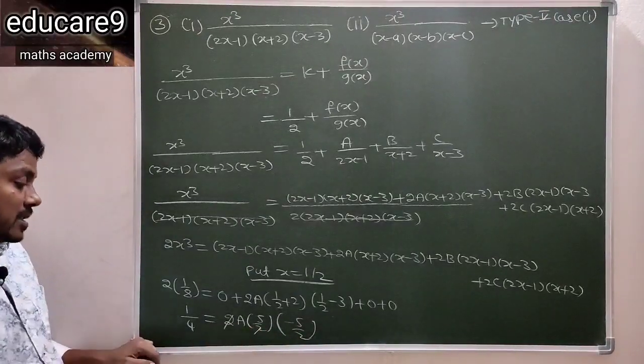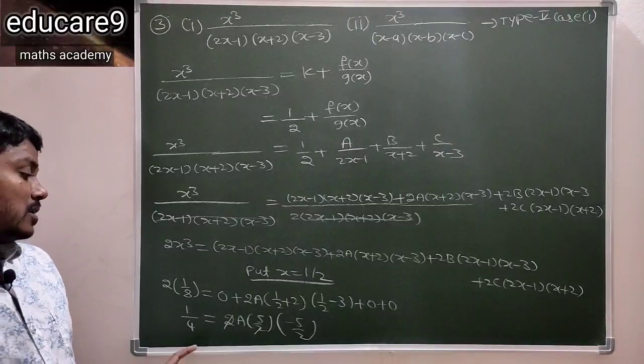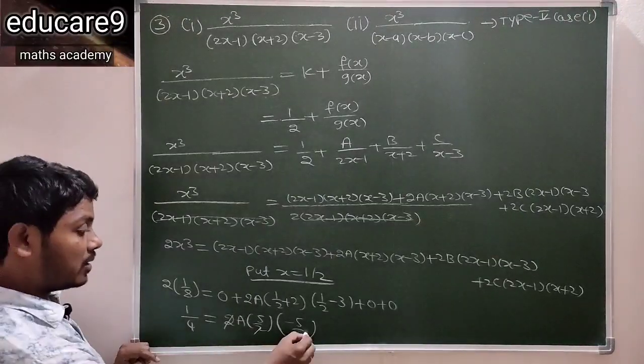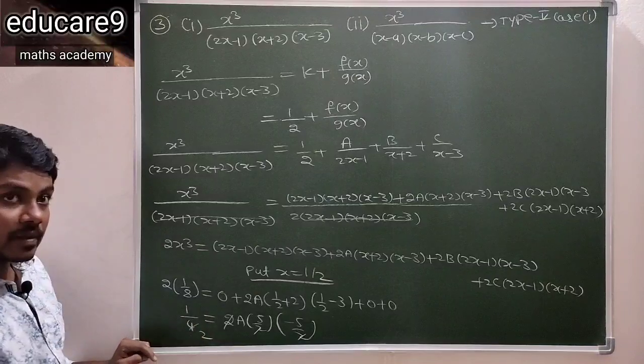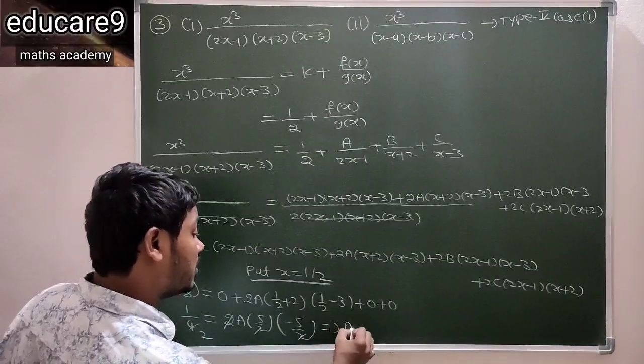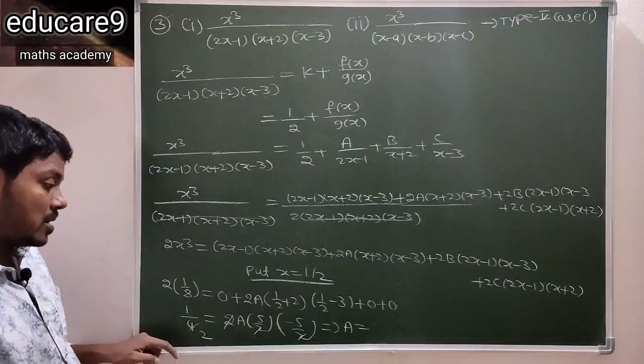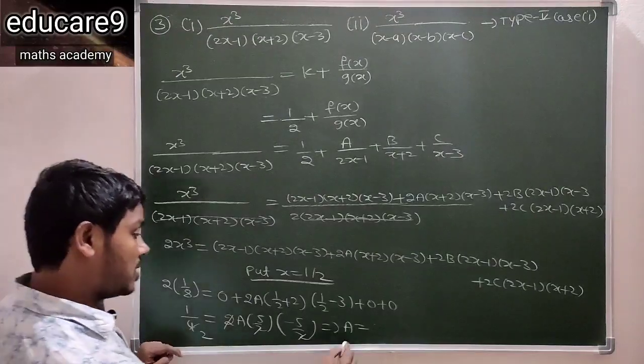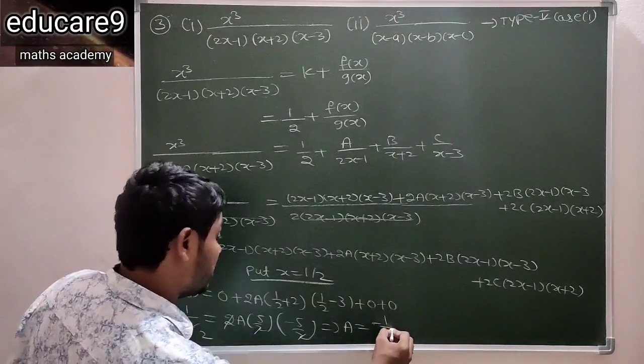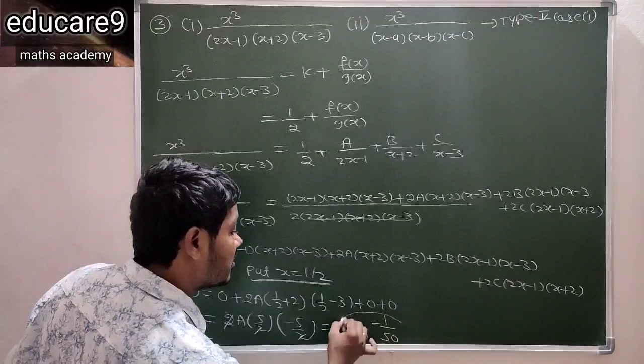So 2 get cancelled. So clearly what is a value? A is equal to minus 1 by 50. This is the value of a.